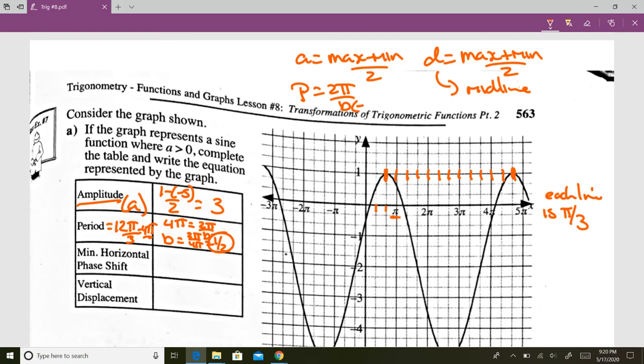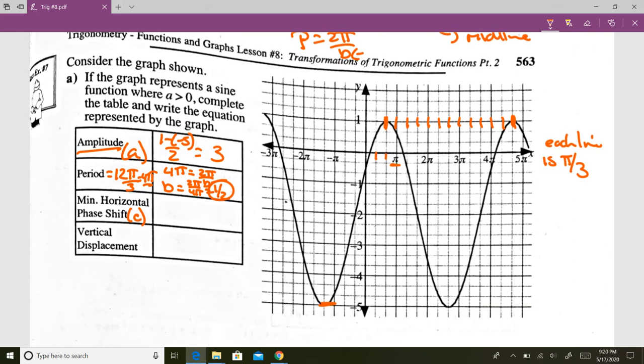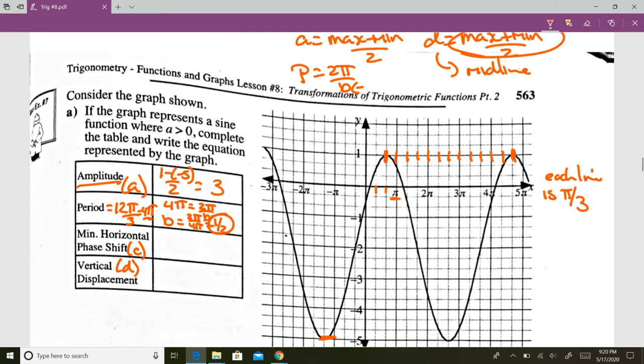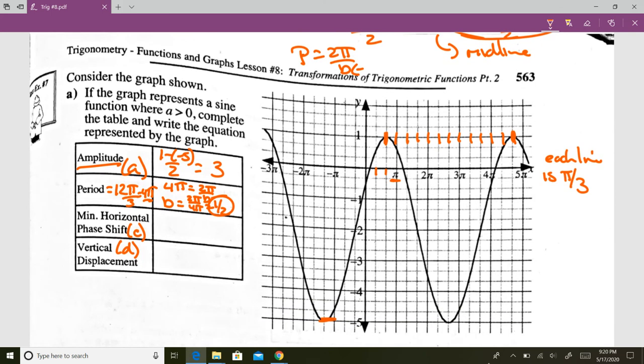Okay. The minimum horizontal phase shift, that's your c value. We'll do that last. The vertical displacement, that is d. Remember, that is this formula. Max plus min divided by 2. Well, we know our max and our min. 1 plus negative 5 divided by 2, which is negative 4 over 2, which is negative 2.